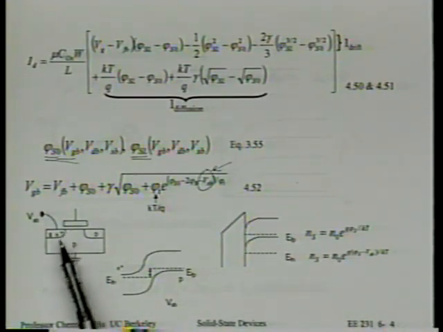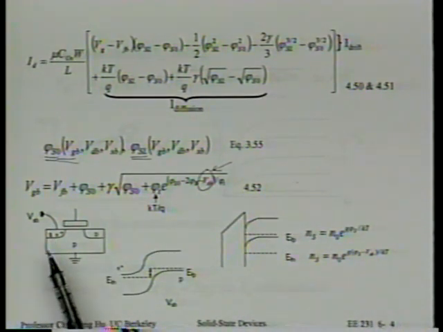Now we have these additional p-n junctions. One of them is called the source, and in general we want to allow the presence of a bias between the source and the body, called VSB. Typically this junction is reverse biased, by the way. If it's forward biased, this equation still applies, but typically it's reverse biased. Body bias is usually reverse bias.